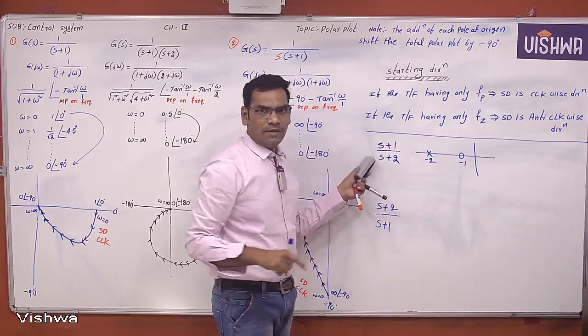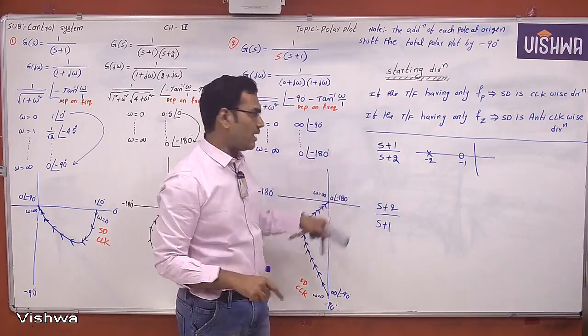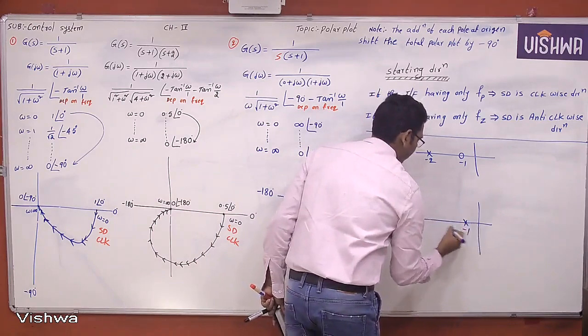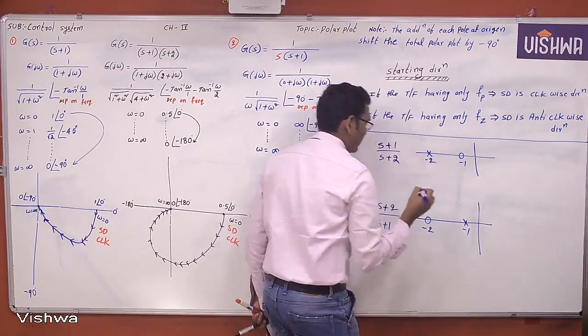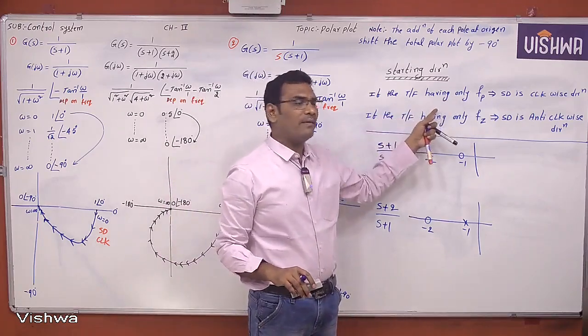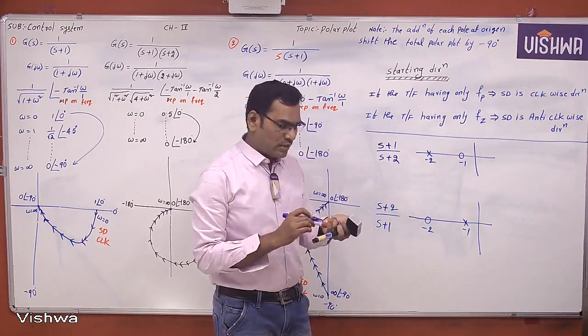Finite zero, finite pole, all are left hand side. Both are available. If it is having only finite pole or only finite zero, it is clockwise or anti-clockwise, but if it is having both, sir, what should we do?